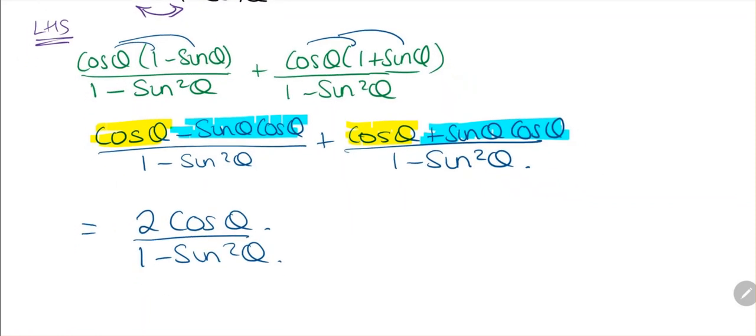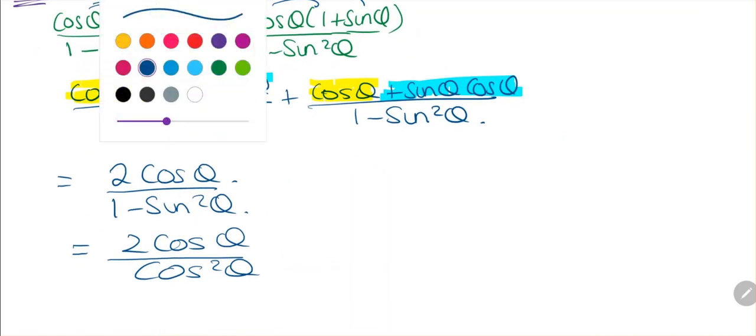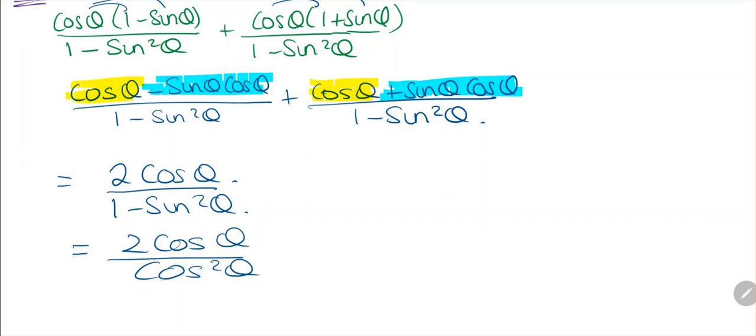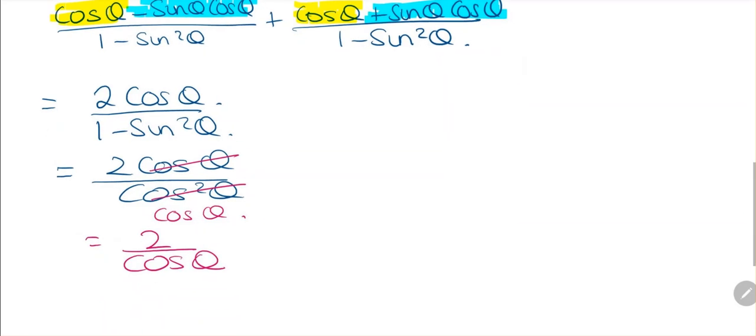So 1 minus sine squared theta, we know this is equal to cosine squared theta, so I can write this as cosine squared theta. And we can cancel one of our cosine thetas. So this is going to leave me with 2 divided by cosine theta. And cosine theta is secant, so that's going to be 2 secant theta.